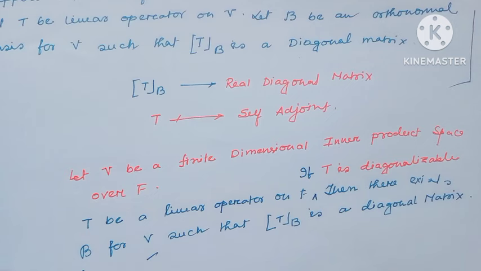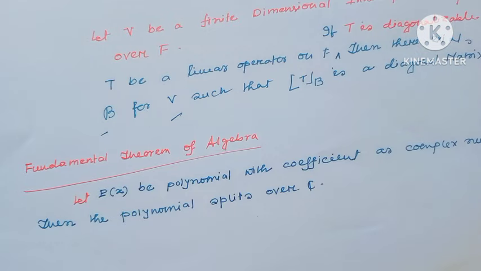Also, all of us know the fundamental theorem of algebra. Let p(x) be a polynomial with complex coefficients, then by the fundamental theorem of algebra we can tell the polynomial splits over the complex numbers.